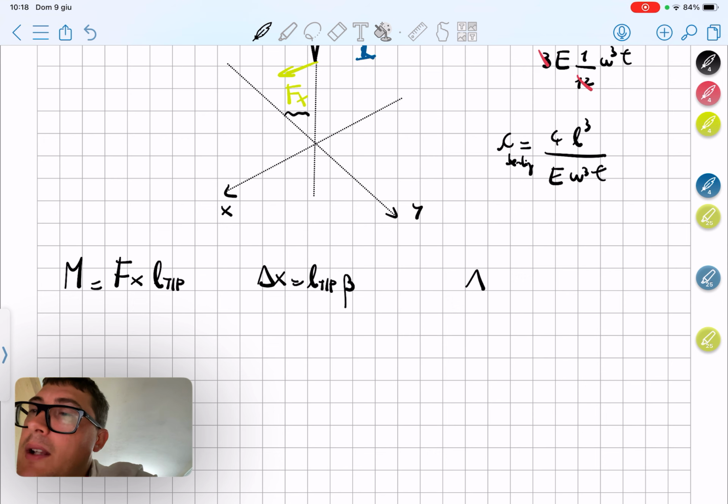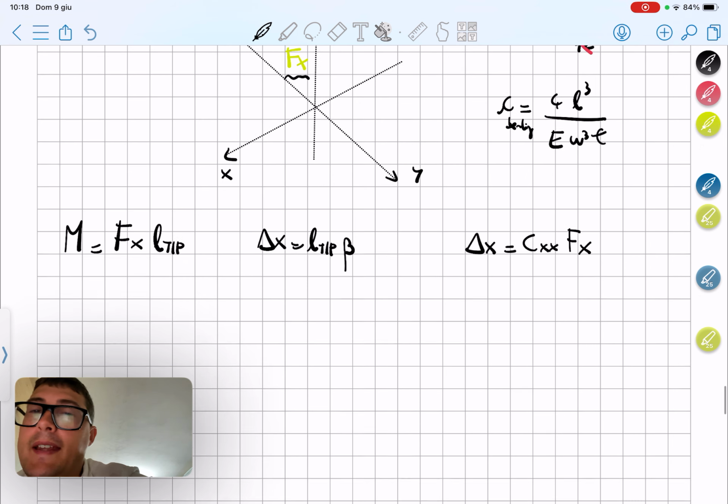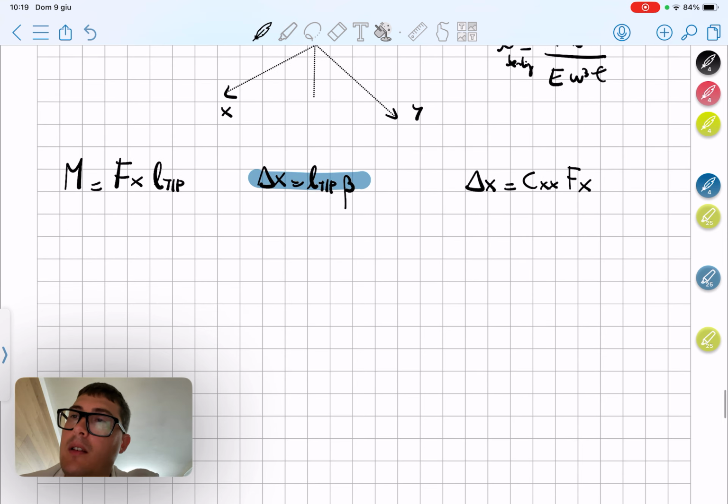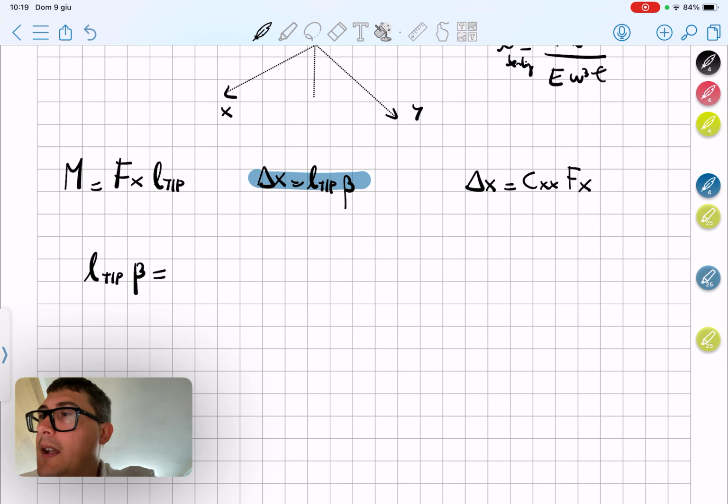But again, remember that we need an equation which is essentially this one. It relates the displacement in the x direction with the forces in the x direction, which means that instead of delta x, I can use this equation here. So L of the tip beta is equal to, and I set this part.